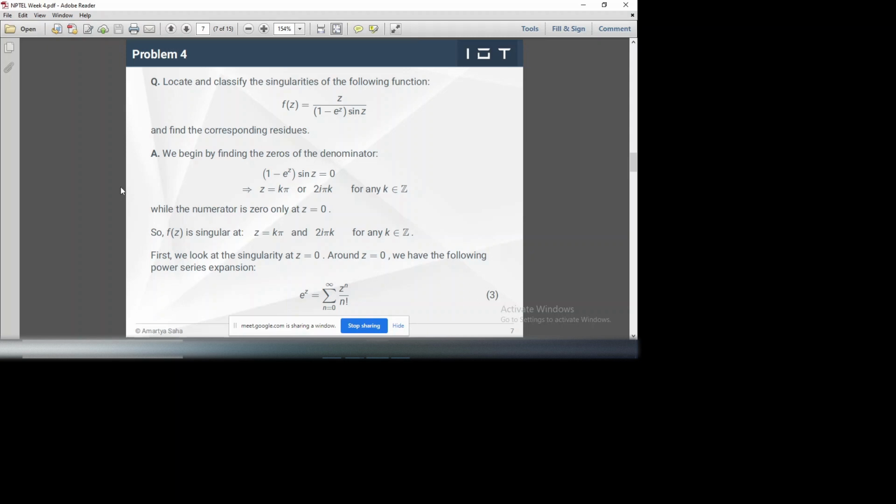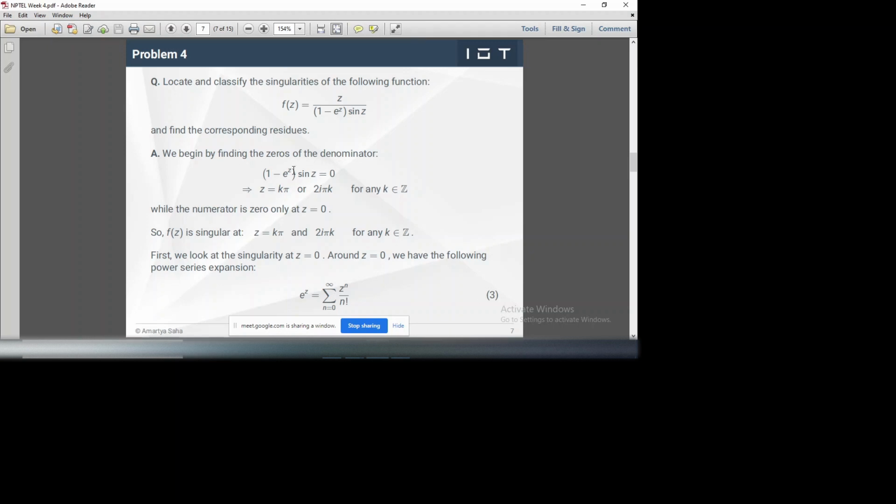So how do we locate the singularities? Of course, here again it is given as a ratio of two functions. The numerator is an entire function, and the denominator has some zeros, right?